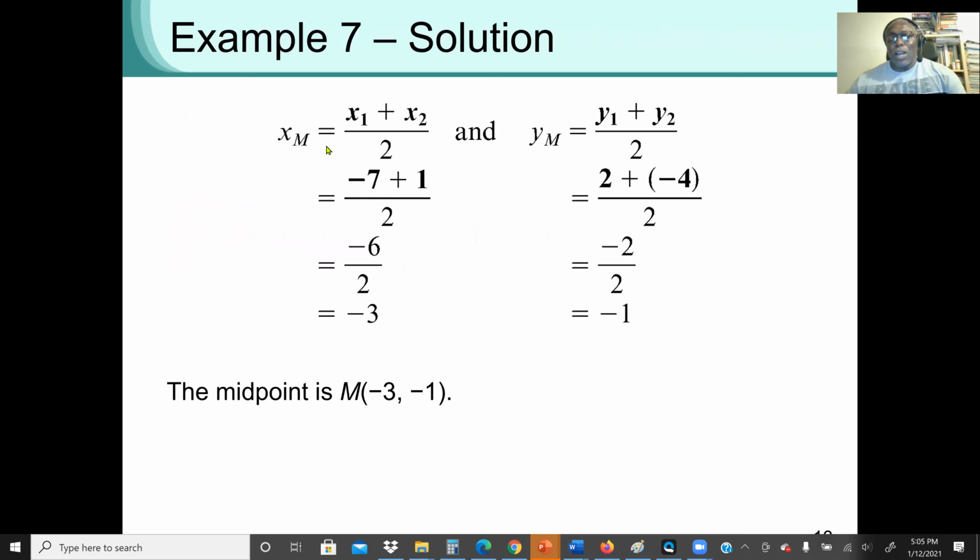So we are going to add, S1 plus S2 divided by 2, we have -7 plus 1 divided by 2. Then Y1 plus Y2 divided by 2, gives me 2 plus -4 divided by 2. Then when we solve it, we're going to get X will be -3 and Y will be -1. So our midpoint will be -3 and -1.